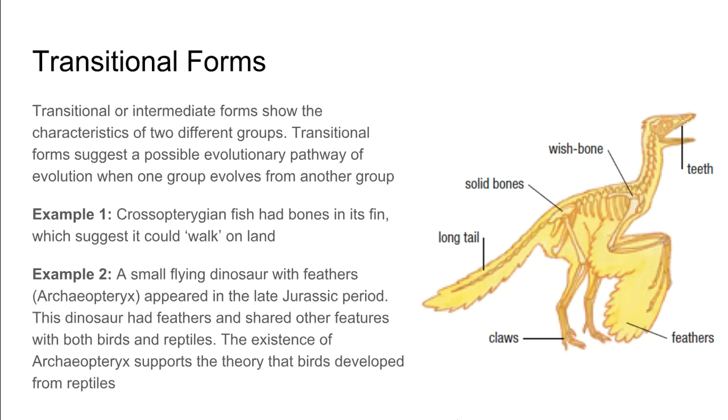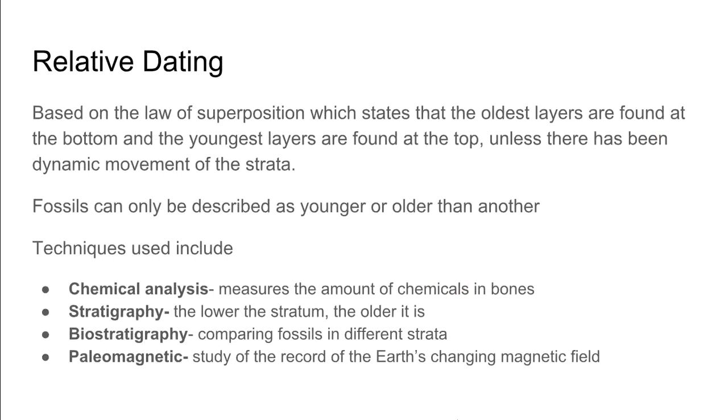We see that as an indication of where we evolved from fish into walking land animals. The second example is the Archaeopteryx, which is a small flying dinosaur with feathers. It is known to have appeared in the late Jurassic period. It shares features of both birds and reptiles, and this supports the theory that birds developed from reptiles.